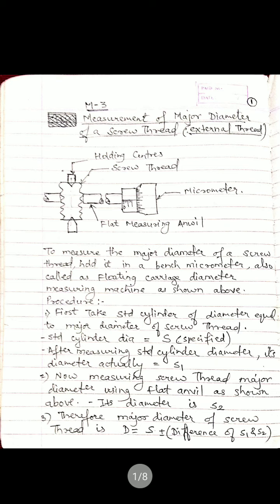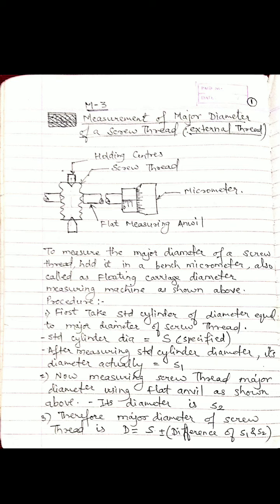So imagine that the standard cylinder diameter is S, which is already known to us. I take it, fit it into the anvils of the bench micrometer and measure it.